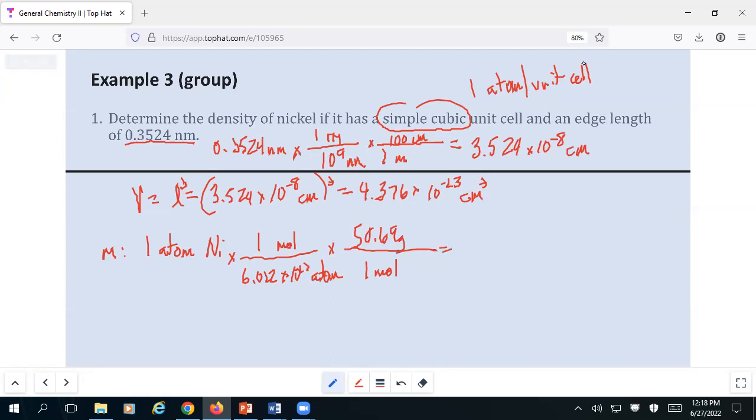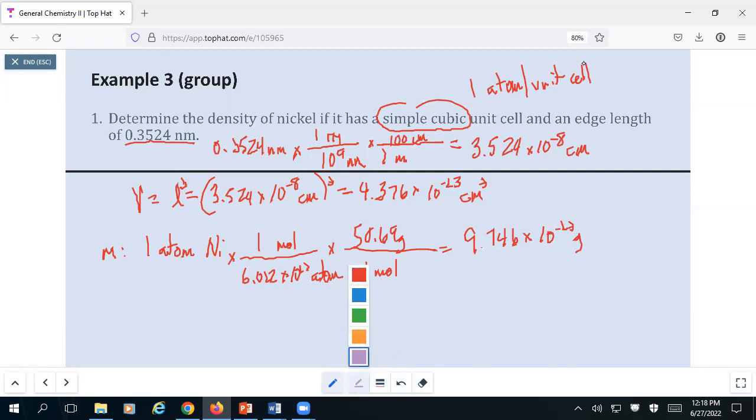So 58.69 divided by Avogadro's number, to 4 sig figs again, is 9.746 times 10 to the negative 23rd grams.